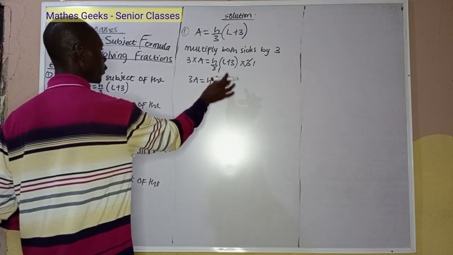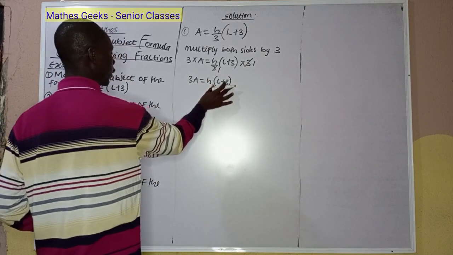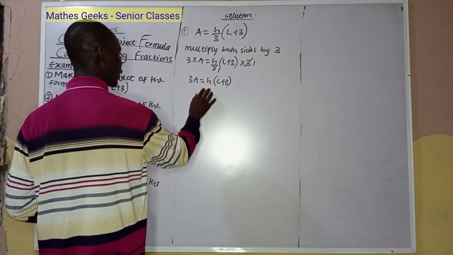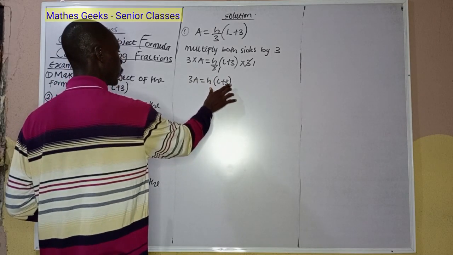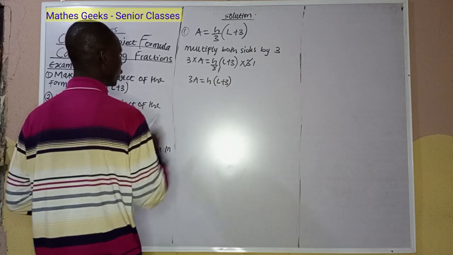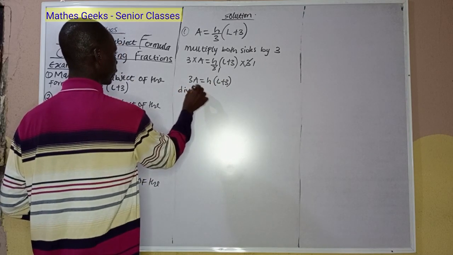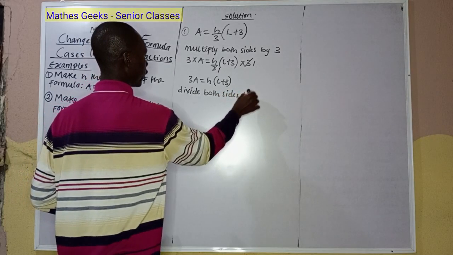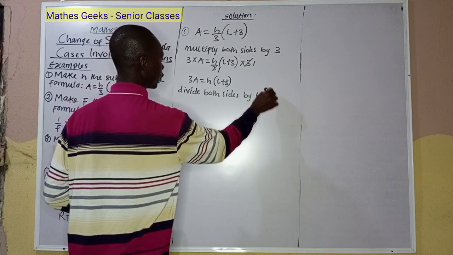So next, we don't want this part still joined to h, since we want h to stand alone. To be able to do that, we're going to divide both sides by L plus 3, since this is multiplication. So divide both sides by L plus 3.